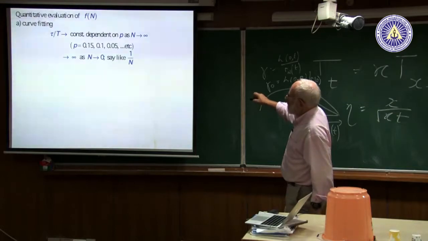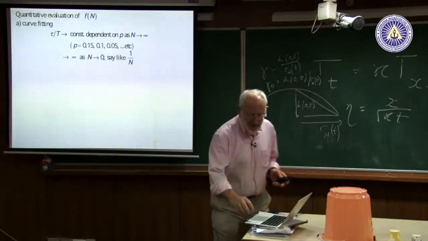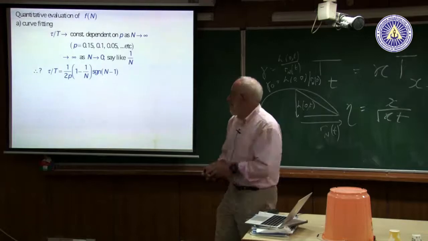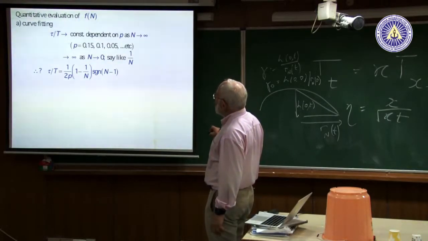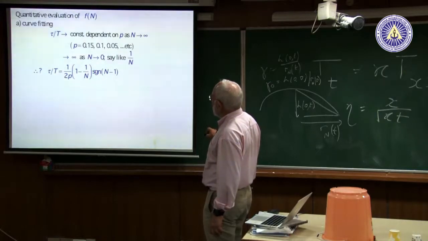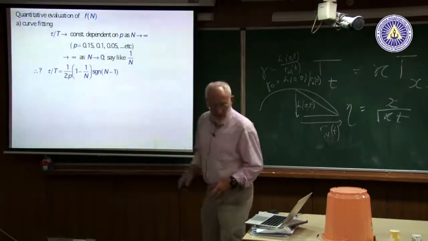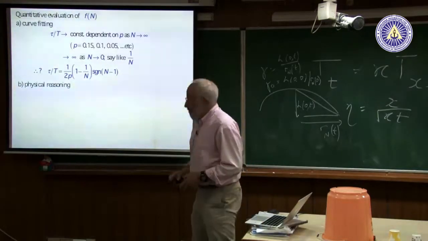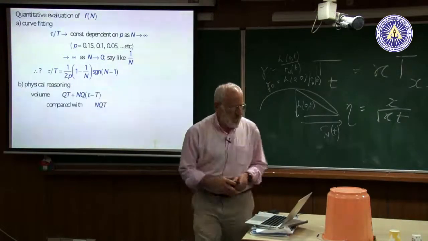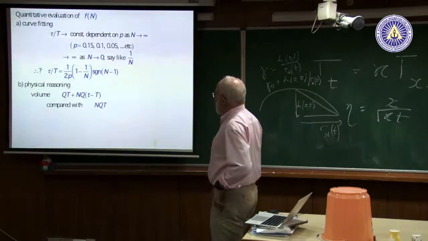As I showed you up there, say it's like 1 on n, you just look at the theory, and that suggests, does no more than suggests, that it should look something like this. This is the 1 on p, so it goes to a constant as n tends to infinity, and this is just a curve fit.